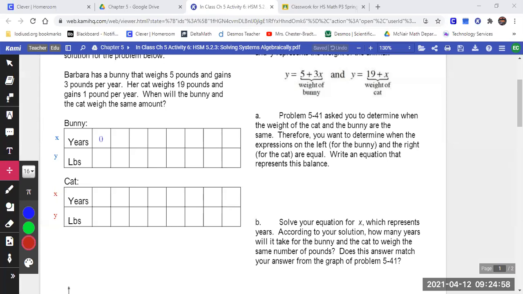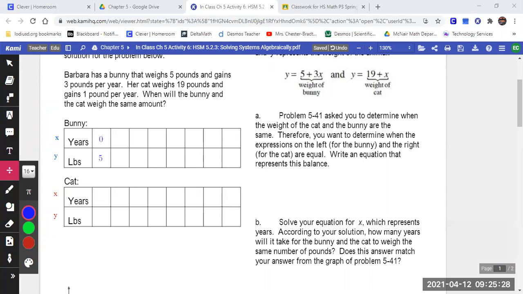Okay. So 5 pounds. So we put a 5. But I have to remember to change it over, because we're doing everything in blue for the bunny, right? Okay.